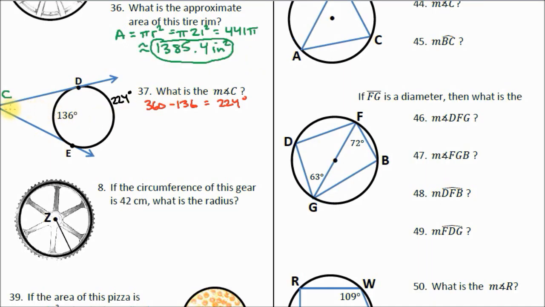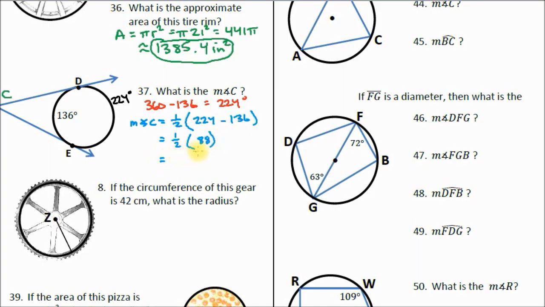That means the measure of our angle here, let's put the measure of angle C is going to be 1/2 times the major arc that it intercepts, which is 224, minus the minor arc. And that is equal to 1/2 of 224 minus 136, which is 88.